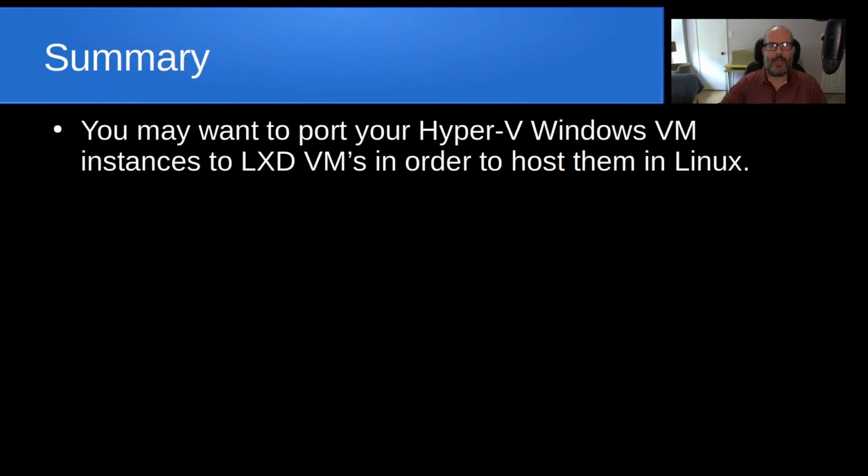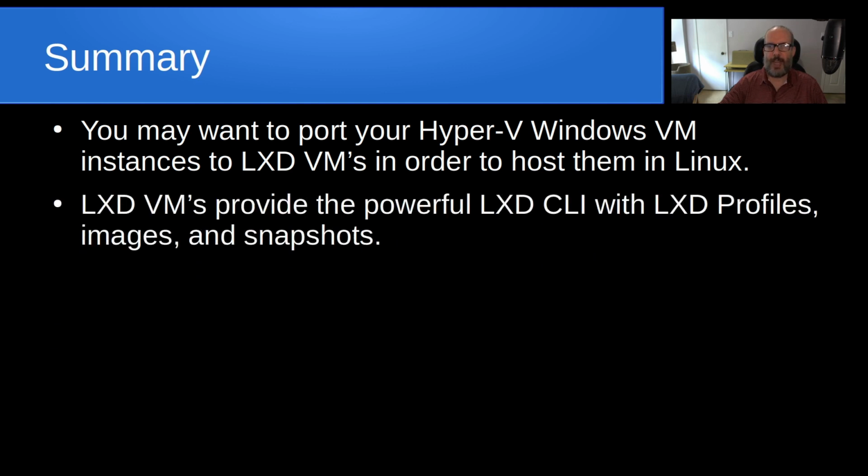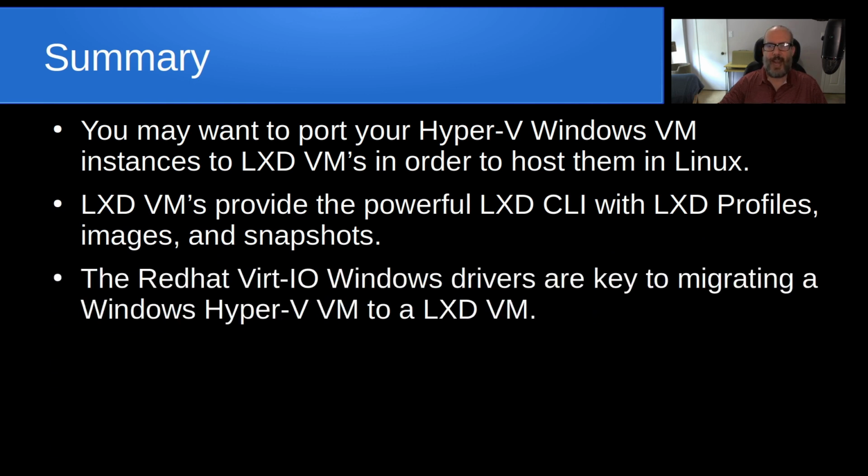So in summary, you may want to port your HyperV Windows VM instances to LXD VMs in order to host them in Linux. LXD VMs provide the powerful LXD CLI with LXD profiles, images, and snapshots. The Red Hat VirtIO Windows drivers are key to migrating a Windows HyperV VM to an LXD VM.